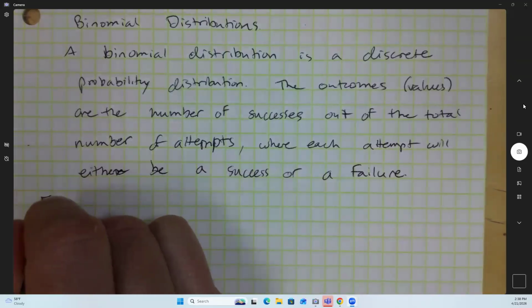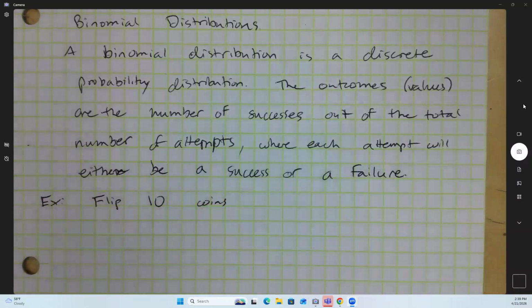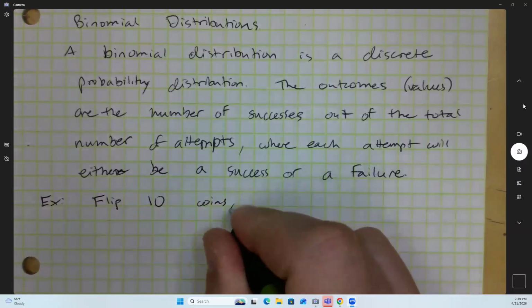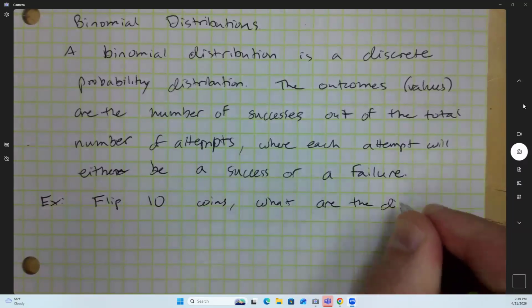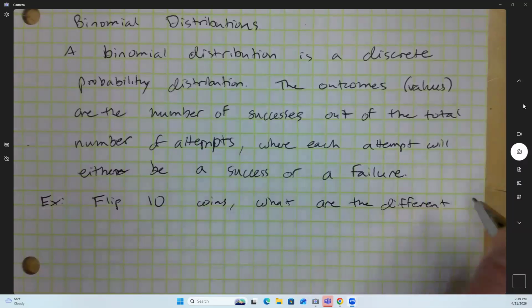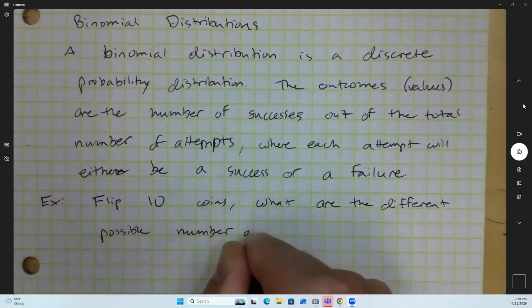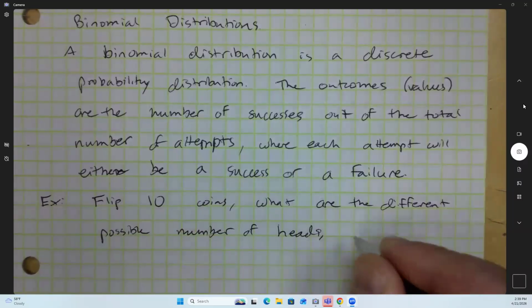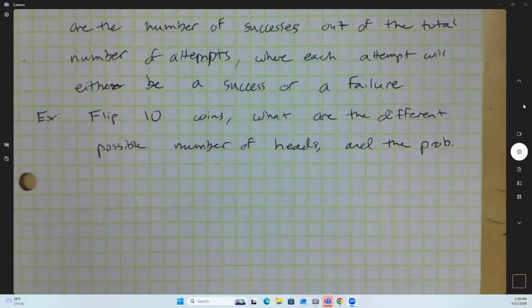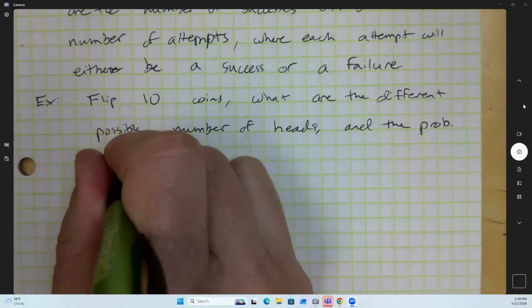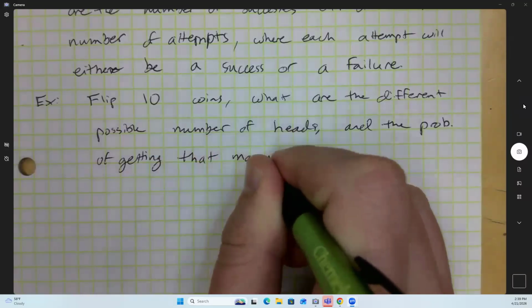Examples. Flip 10 coins. What are the different possible numbers of heads and the probability of getting that many heads?